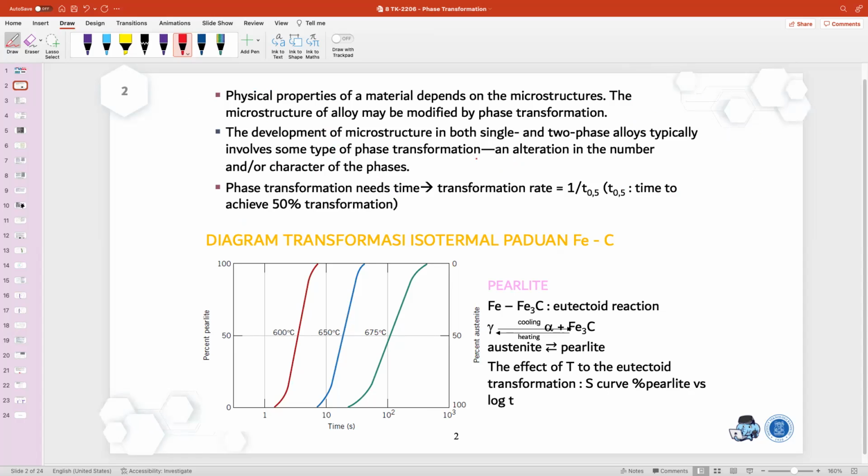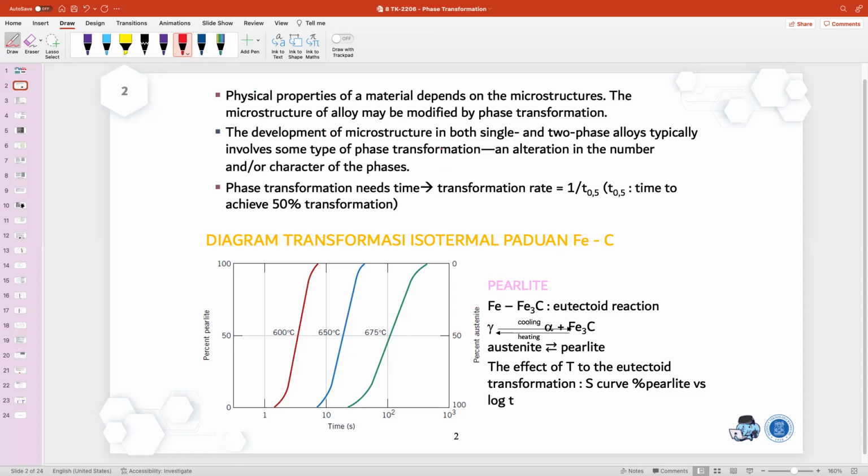So if we process them in a fast way or in a moderate way, the microstructure of the alloys will also be modified by a phase transformation. The development of microstructure in single or two-phase alloys typically involves some phase transformation, which is the alteration in number or character of phases.